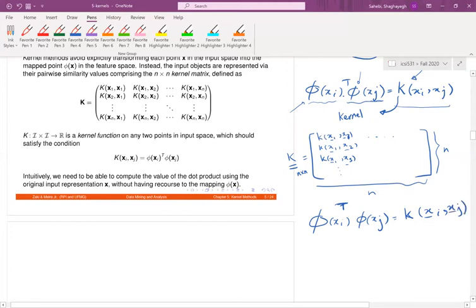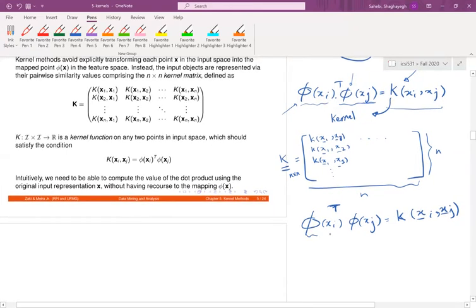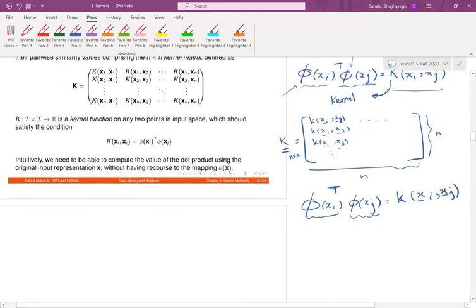So kernel is a function of our original features. We don't need to explicitly calculate phi of xi and phi of xj to calculate the value for the kernels. We just need the original features of xi and xj in the original input space. And this is the way that we can work with kernels.